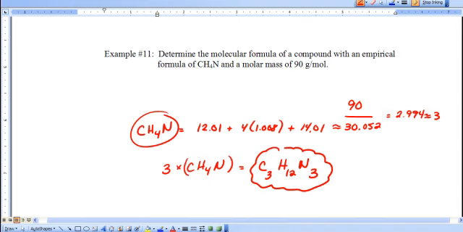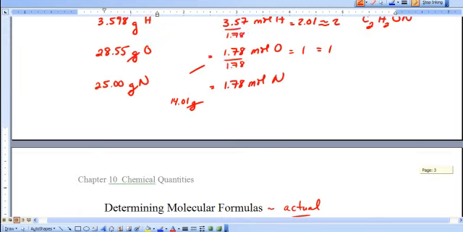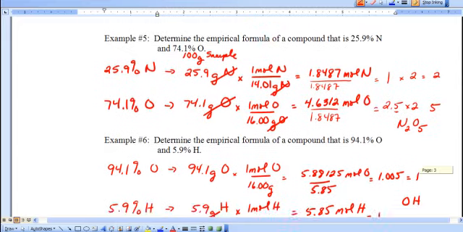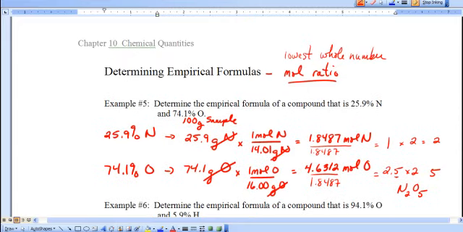So to summarize this section, let me scroll up here. We started by talking about how to determine an empirical formula. The empirical formula is the lowest whole number mole ratio. You simply take the mass percent, change it into grams, change it into moles, take the ratio.